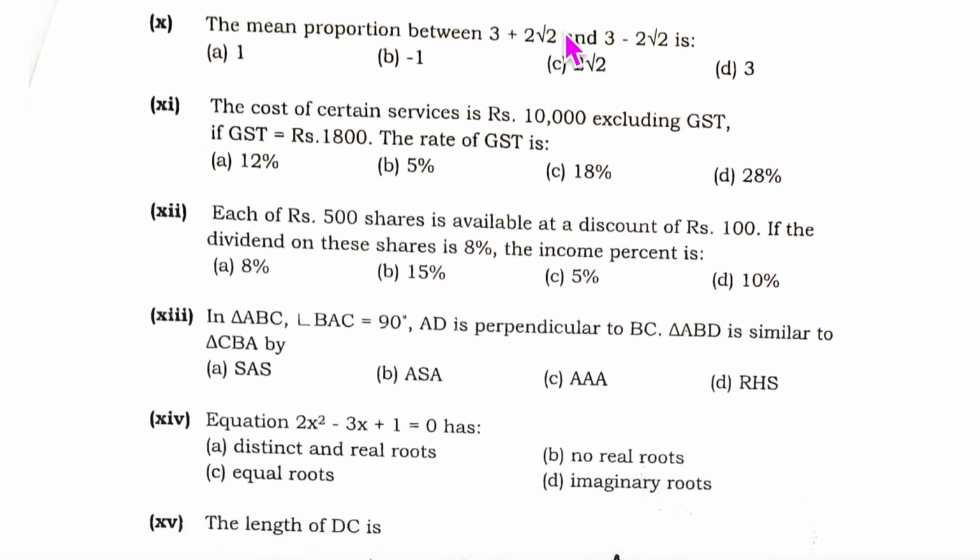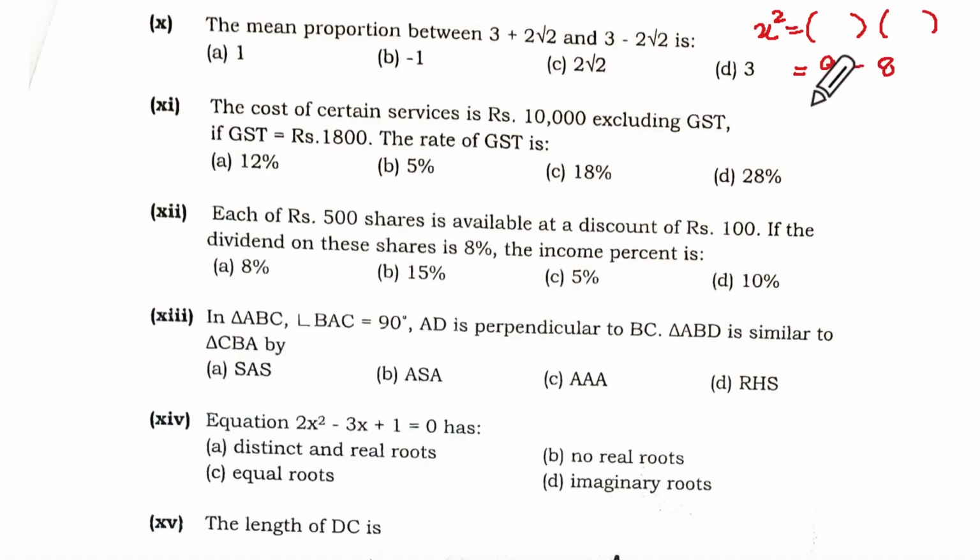The mean proportion between this. Now mean square is equal to product of extremes. So if you say mean square is equal to, if you multiply these two, what will you get? This is MCQ. So A plus B, A minus B will give me 9 minus 4 into 4, 2 into 2 is 4, 4 into 2 is 8.